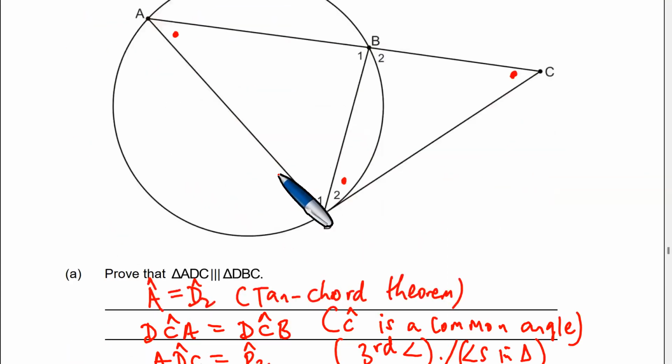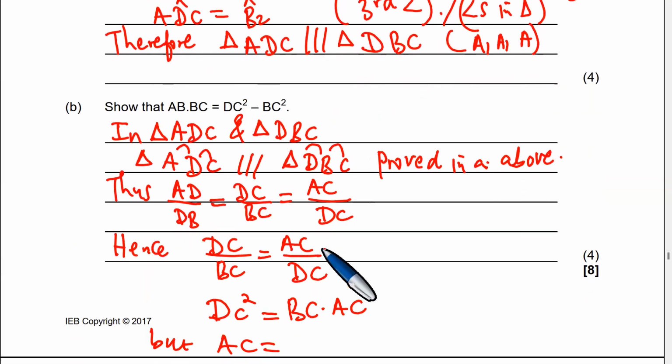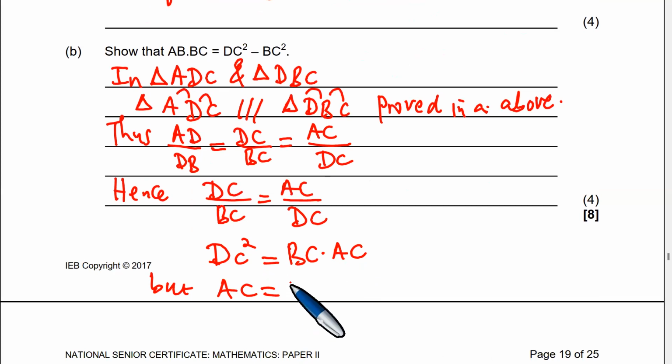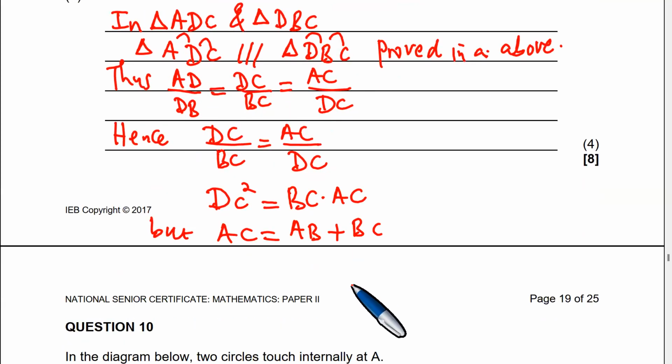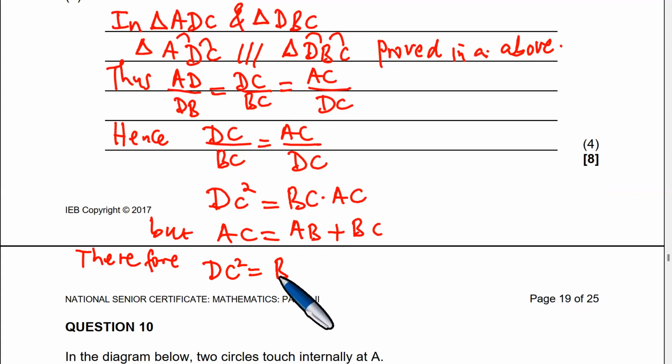AC is equal to AB plus BC. Therefore, we can write the DC squared. Which means that DC squared is equal to, we come here, this one is BC.